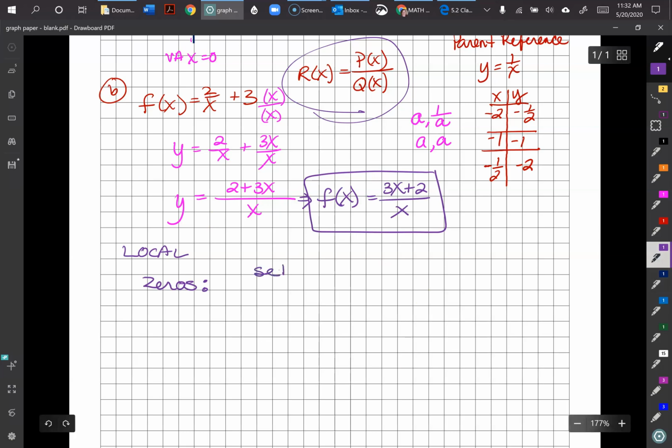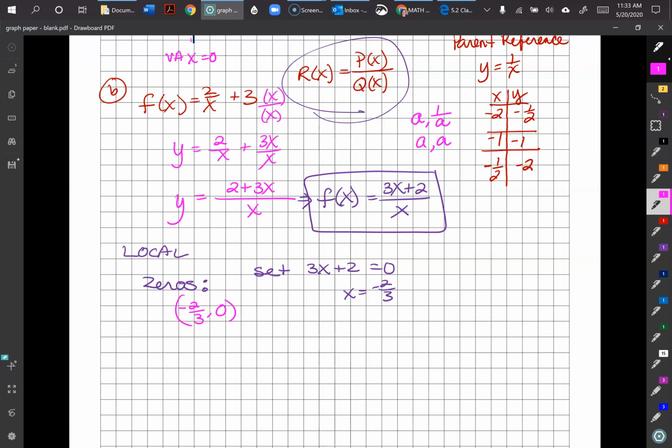So we're going to set 3x plus 2 equal to 0. Sometimes we have to factor, but in this case we don't. We're just going to end up with x equals negative 2/3, right? So that is when y is 0, so we're going to write that as a point. Negative 2/3, 0. We only have 1, so that's good there.